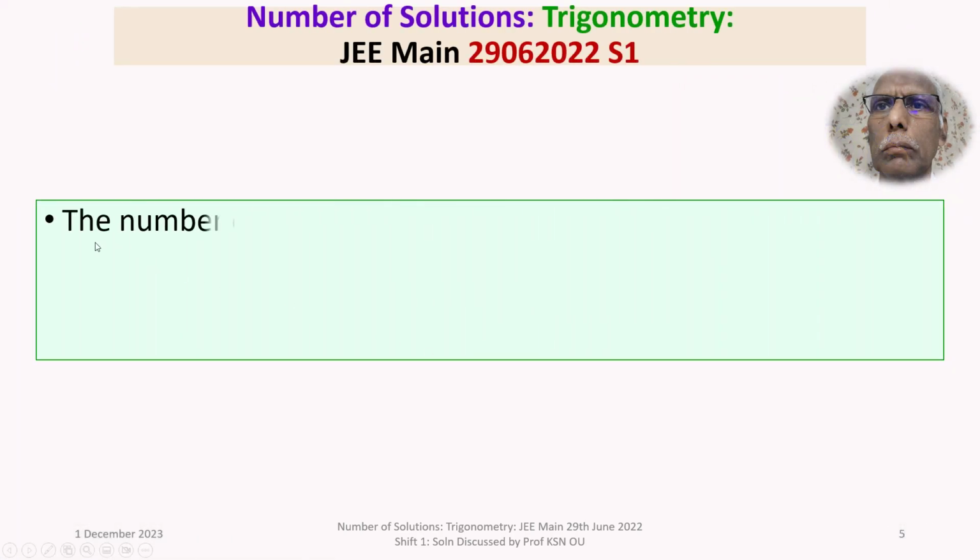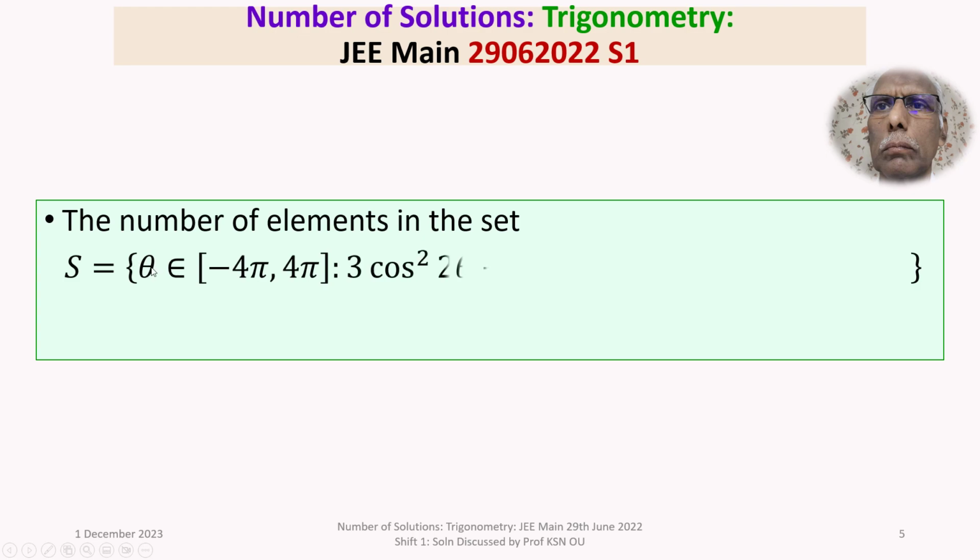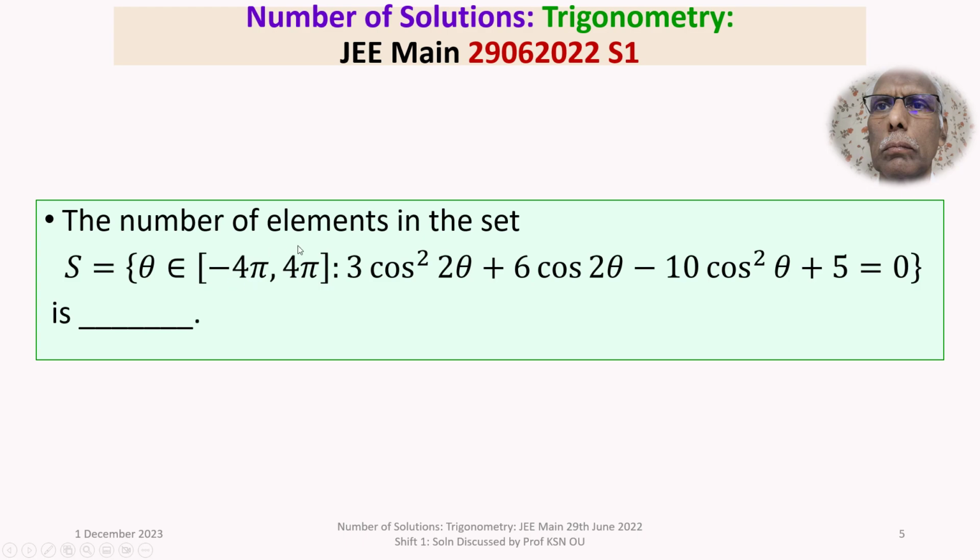The given question is: the number of elements in the set S, where S is the set of all theta belonging to the closed interval minus 4 pi to 4 pi such that 3 cos square 2 theta plus 6 cos 2 theta minus 10 cos square theta plus 5 is equal to 0, is.